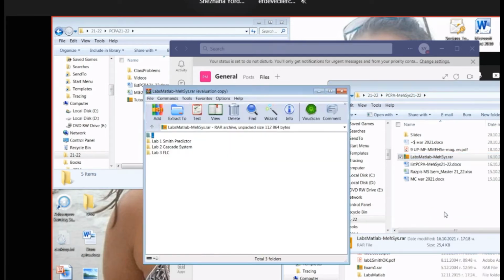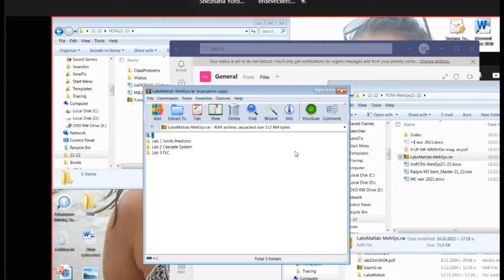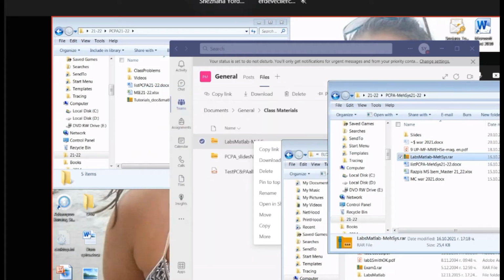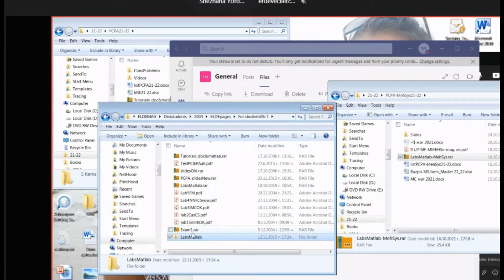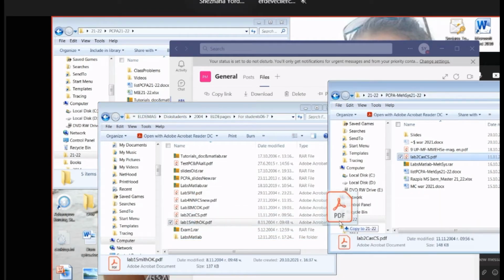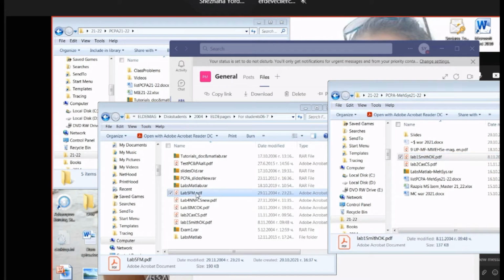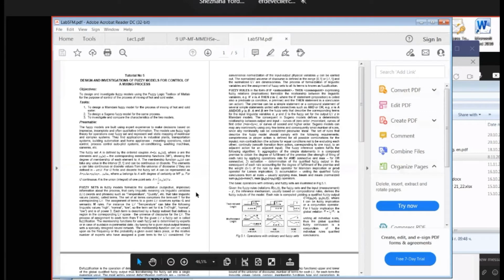Again, I just open to see Cascade, Smith, and Fuzzy Logic. So I need Cascade, Smith, probably this is Fuzzy Logic. Yes, fuzzy models.